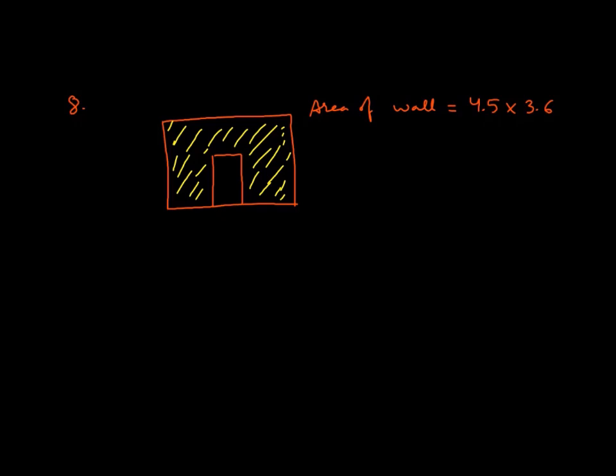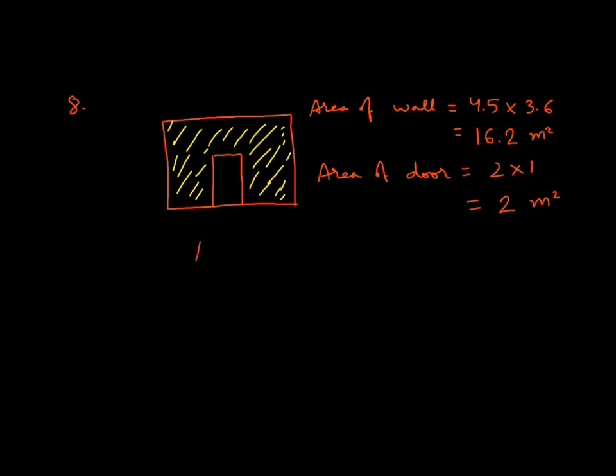Now this comes out to be, if we multiply 4.5 with the 3.6, we'll get the area as 16.2 square meter. This is the area of the wall including the door. Now from this we have to subtract the area of door. The dimensions of this rectangular door are given as 2 meter and 1 meter. So area of this door will be 2 into 1, that is 2 meter square.